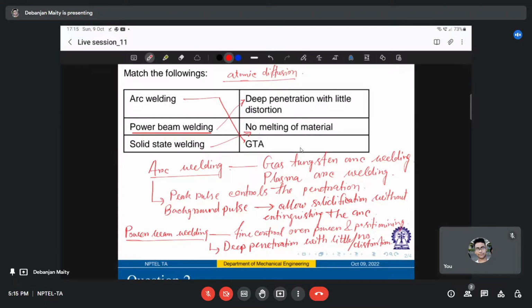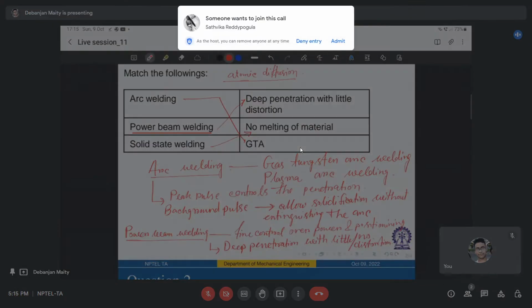Because of that, there will be a layer formation in the solid state, and atomic diffusion happens. And in diffusion bonding, of course, there is atomic diffusion, but in solid state diffusion it takes a much longer time.